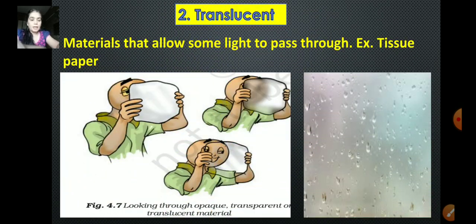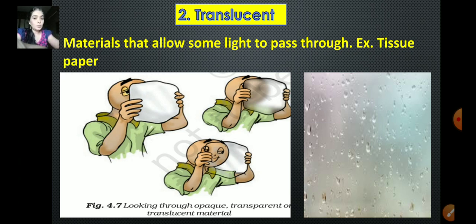And translucent: we did this activity with a plain sheet of paper and some oil drops. After you put some oil drops on the paper, only some light passes through. That is called translucent.